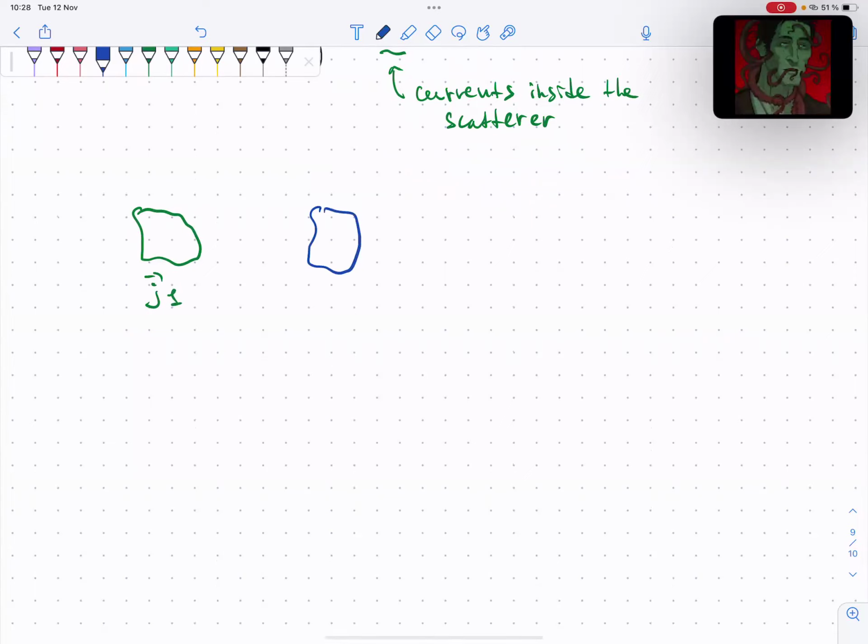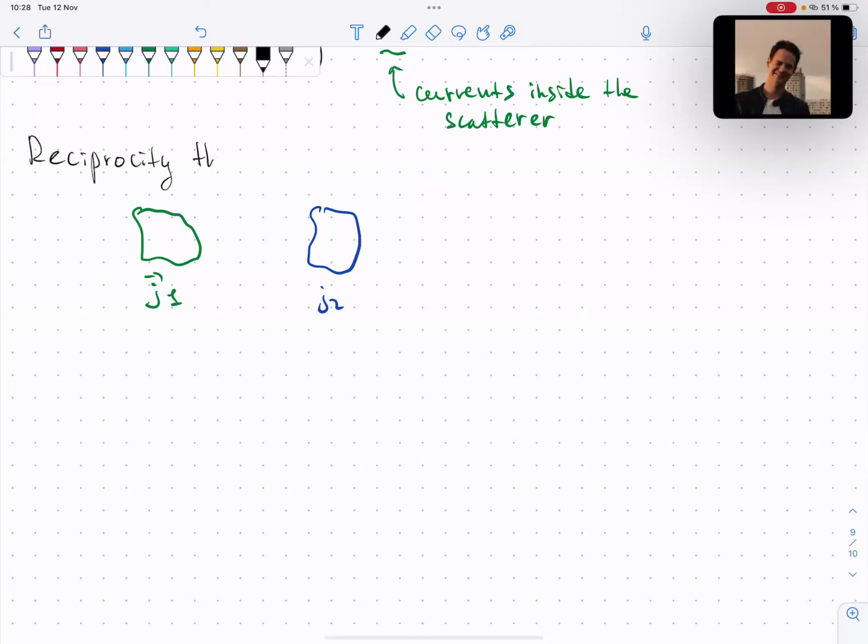Excuse me, could you please repeat how the theorem actually spells? Reciprocity theorem. Maybe you had this theorem before. I think yes, I just wanted to ask.